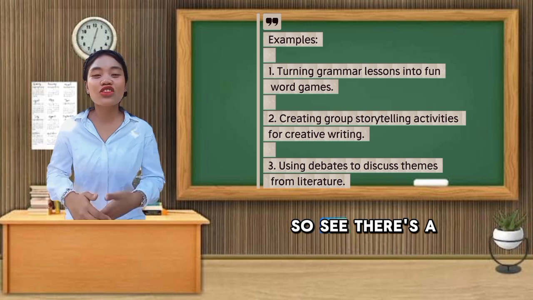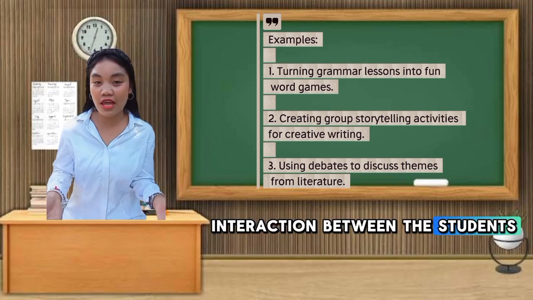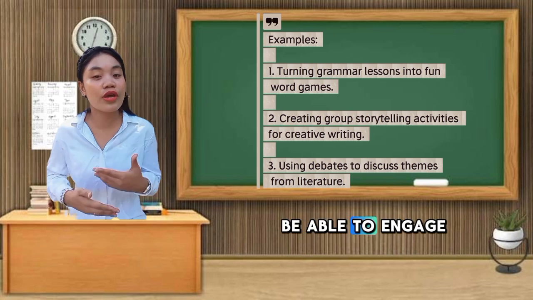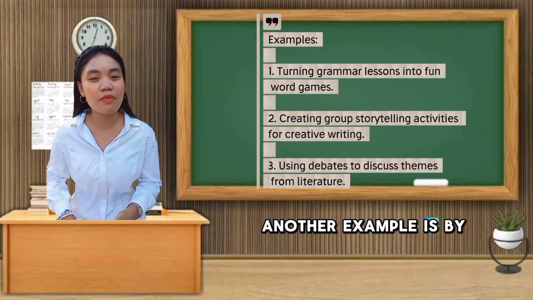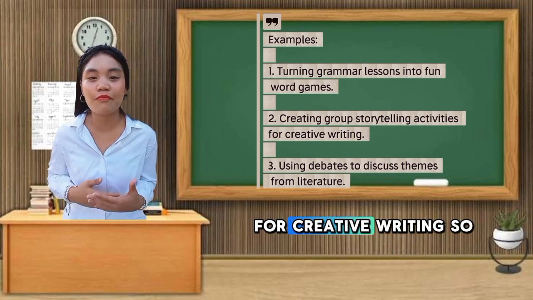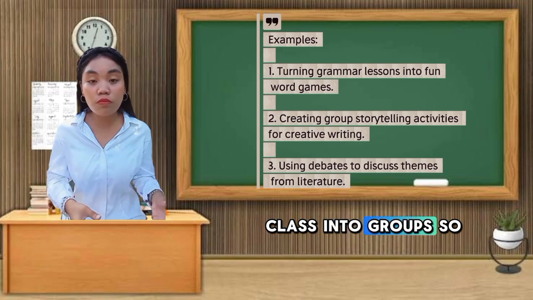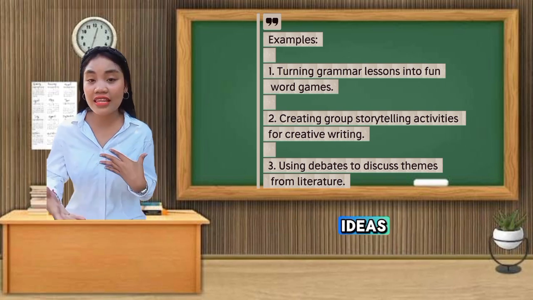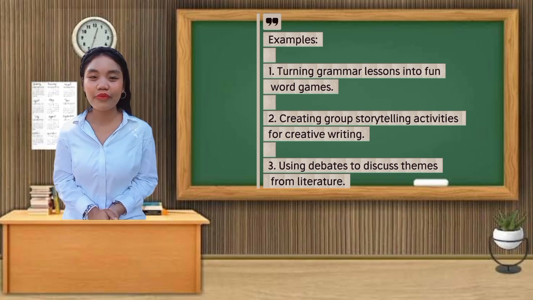See, there are interactive games, interaction between the students so that they will be able to engage with their classmates. Another example is creating group storytelling activities for creative writing. You will divide the class into groups so that they will share ideas, thoughts, and insights with each other.